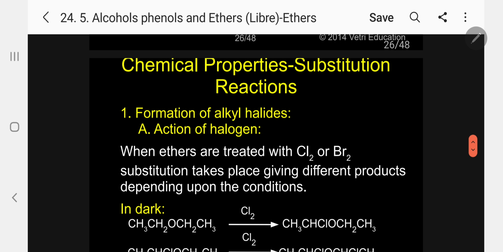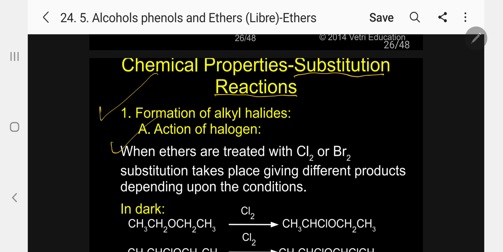Next, let me go for chemical properties. Under these chemical properties, the reactions normally we are seeing are substitution reactions. For example, formation of alkyl halides. That means from ether, we can prepare a halide.